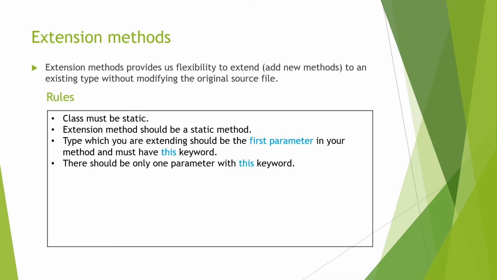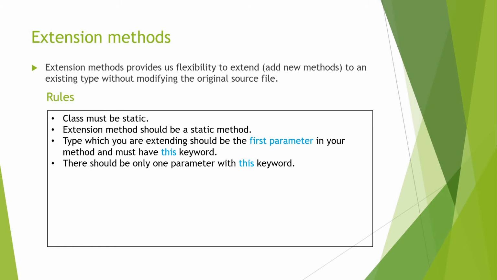So if there is a class already defined, that might be your own class or the class which is written by some other person or even by Microsoft, and you want to add more methods to that class without modifying the source file. Like if it is a Microsoft class, you don't have access to modify the original source file, right?